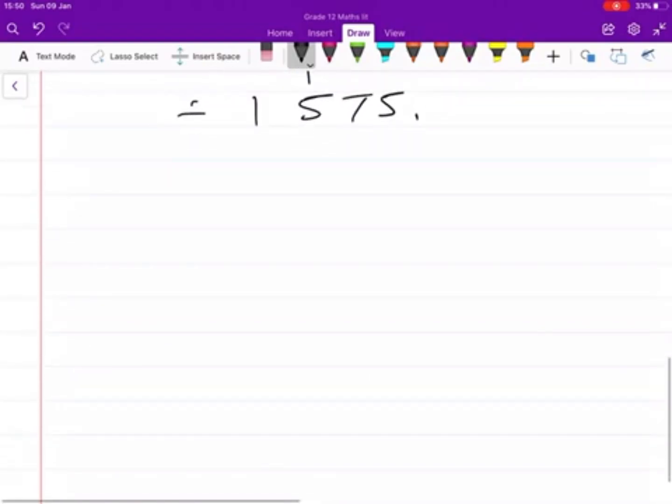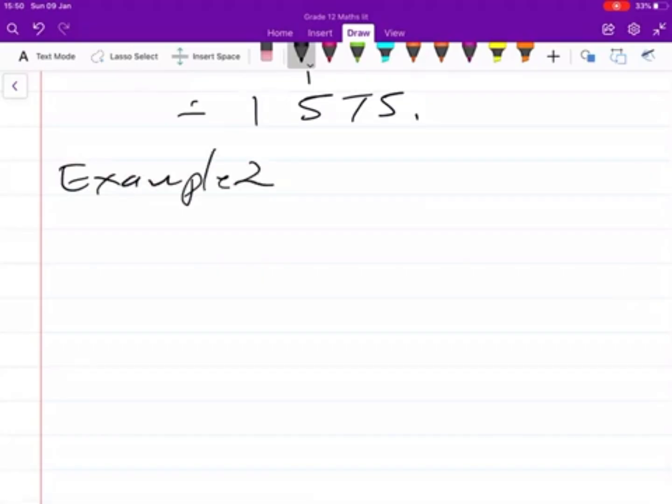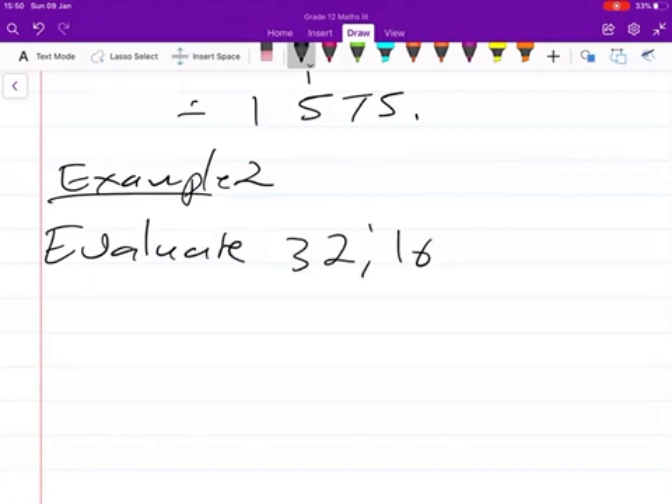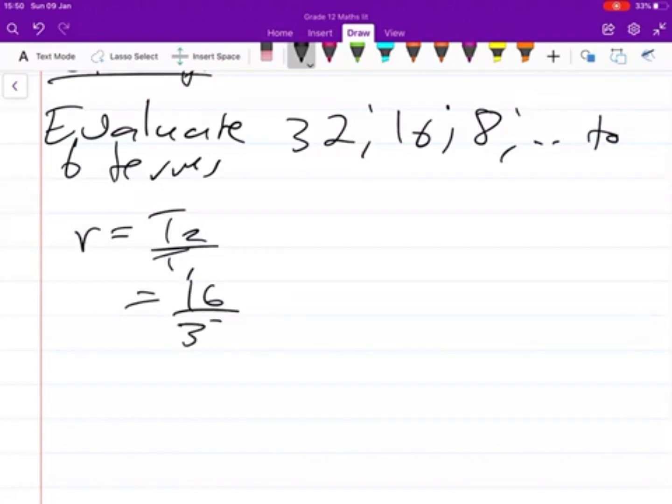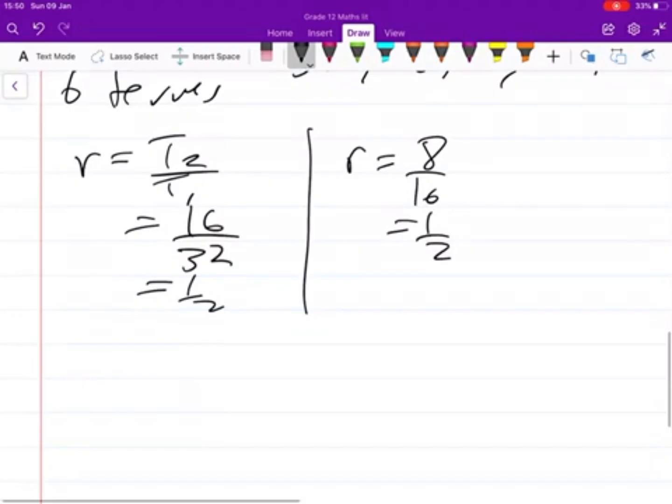Then let's look at example 2. I will say to you, evaluate 32, 16 and 8, to 6 terms. And of course, here we can see that this is a geometric sequence. So that is 16 over 32, that is 1 over 2, and that is 8 divided by 16, that is 1 over 2.